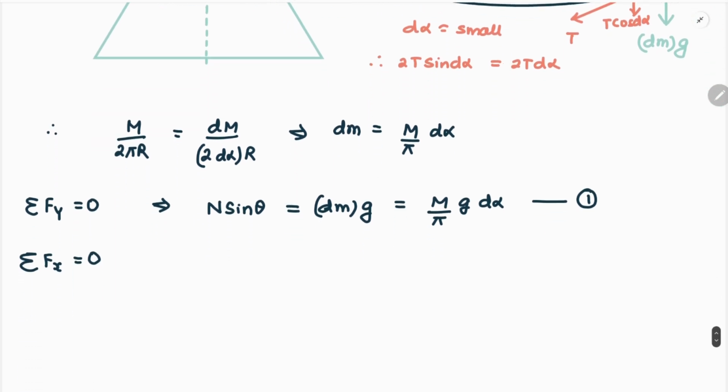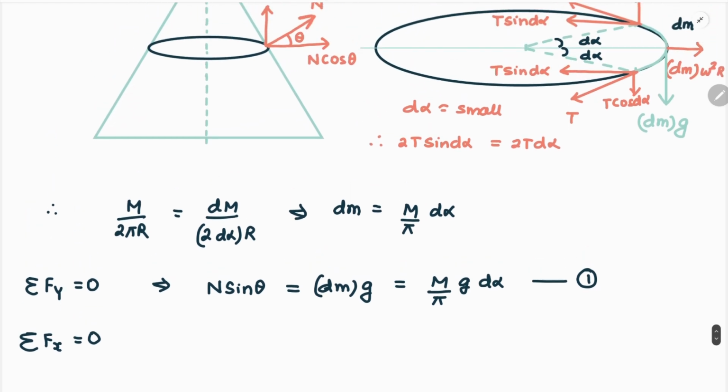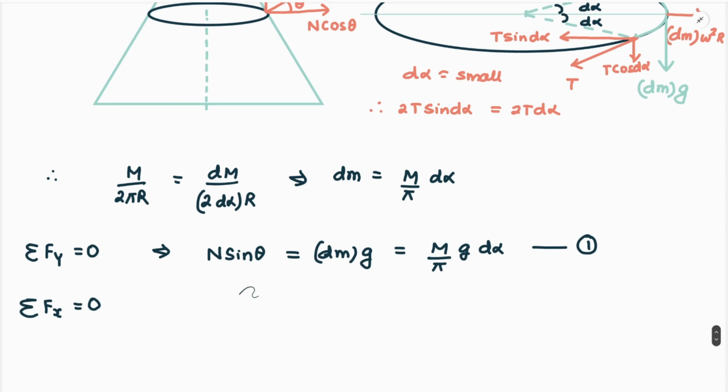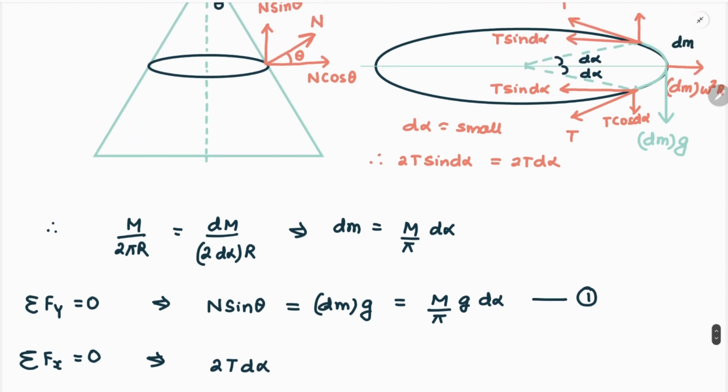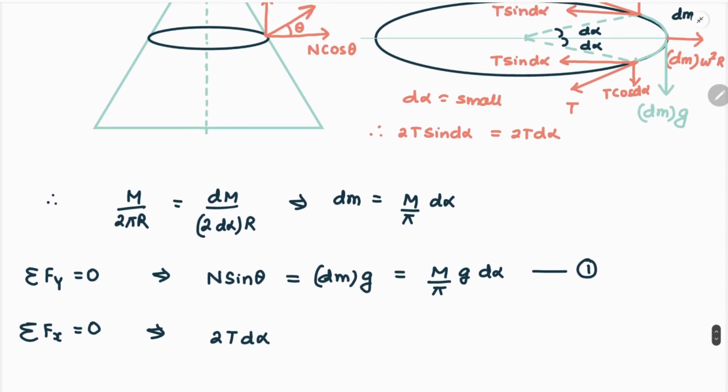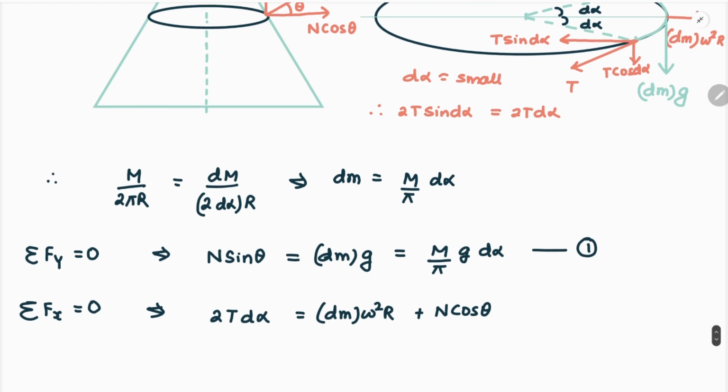So if we balance these forces in the inward direction, 2T d alpha is equal to dm omega square r plus N cos theta. So this is the next expression that we have.